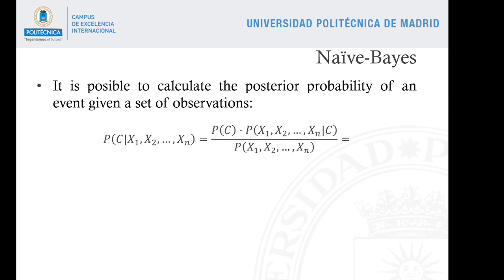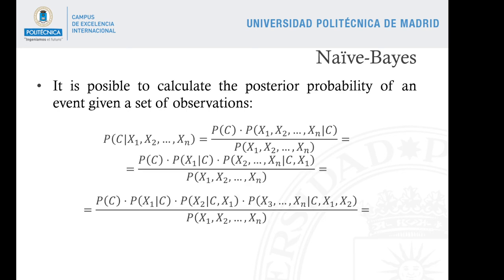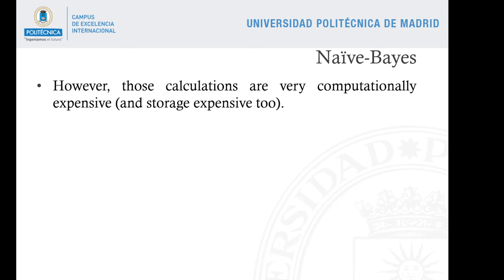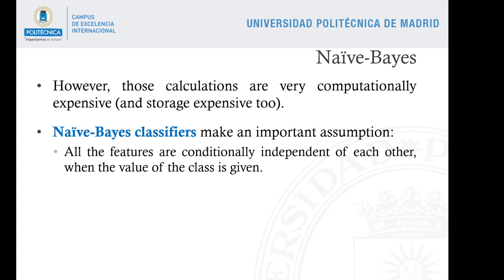It makes use of the Bayes theorem, which is this one, but making some assumption because otherwise we could have very big tables, which is not efficient neither in storage nor in computation. Actually, it could have an exponential complexity. Okay, so it would not be a good idea.